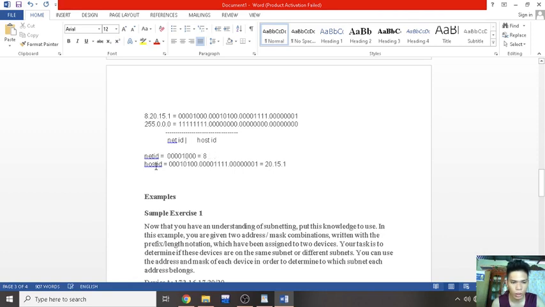And then the host ID will be this one, the rest: 20.15.1 will be the host ID.